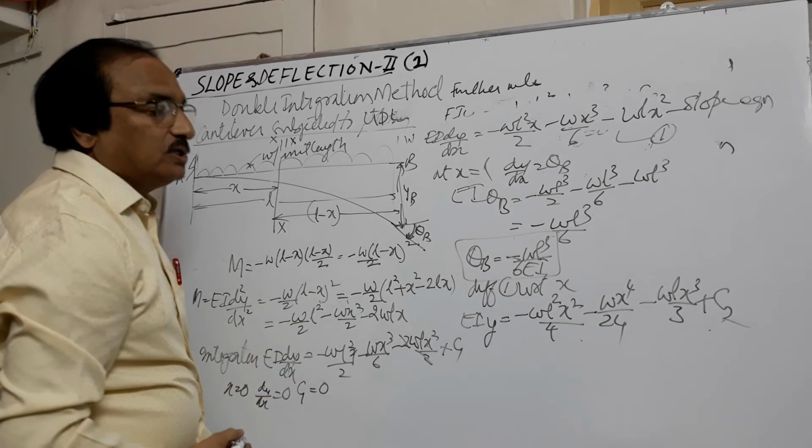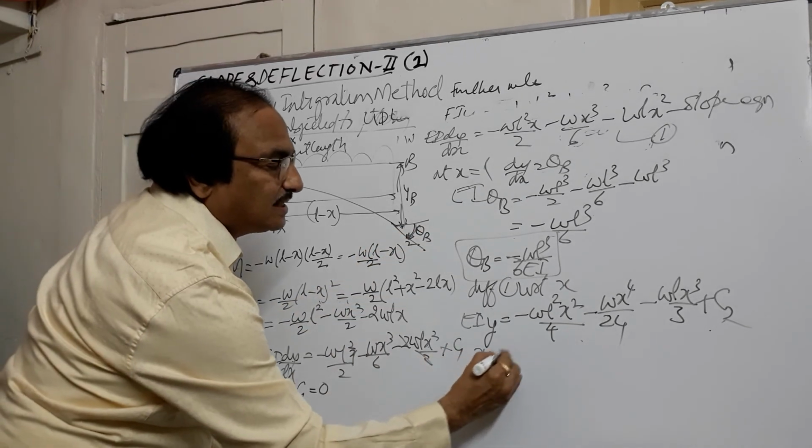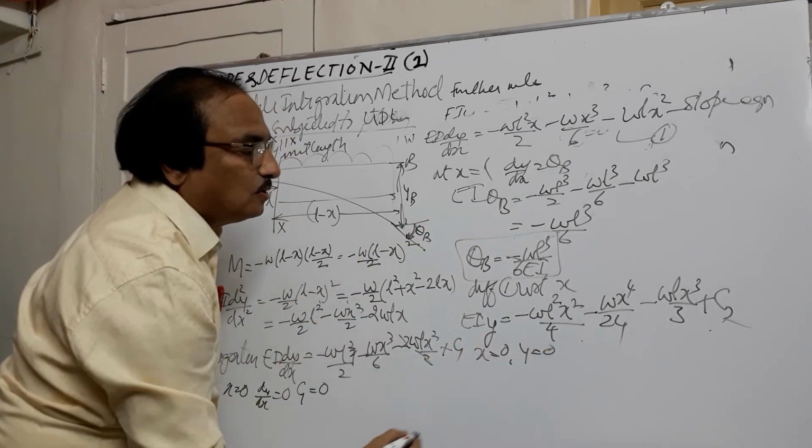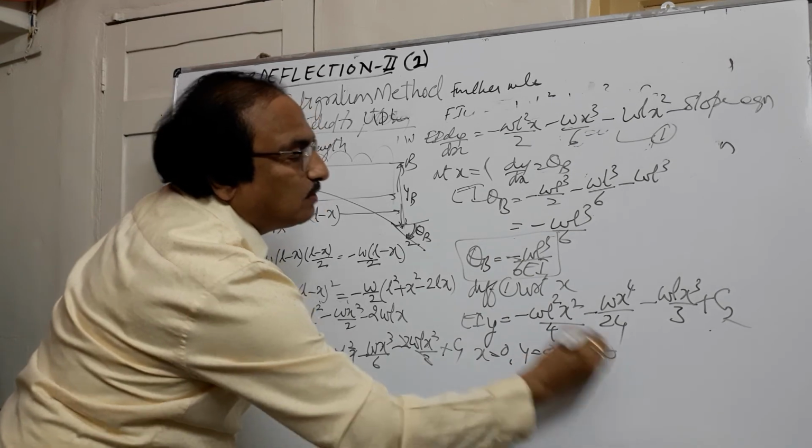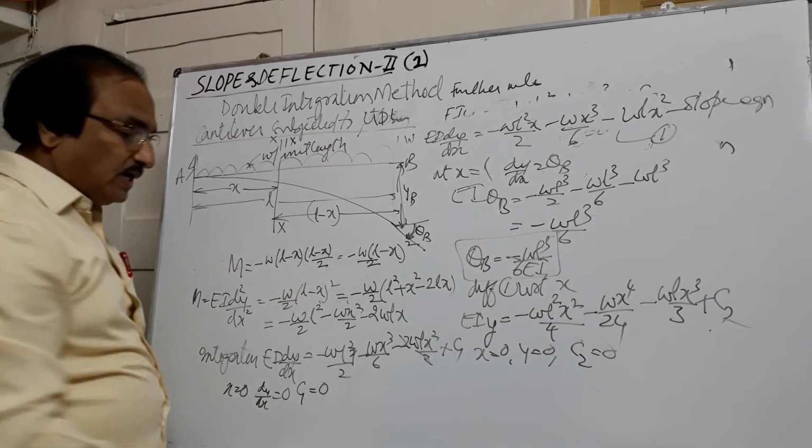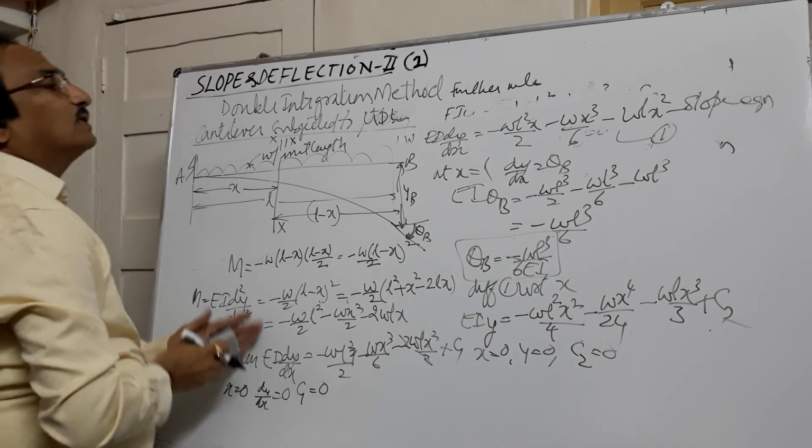Again you have to find out C2. We'll use the condition x is equal to 0, y is equal to 0. So C2 will also be equal to 0. So we get the deflection equation.